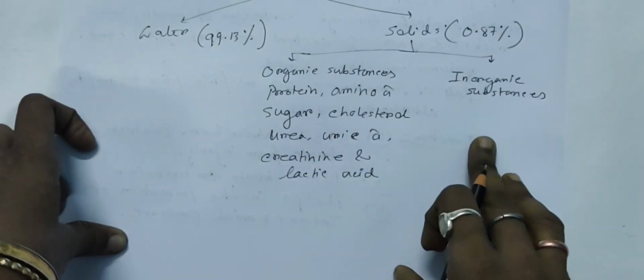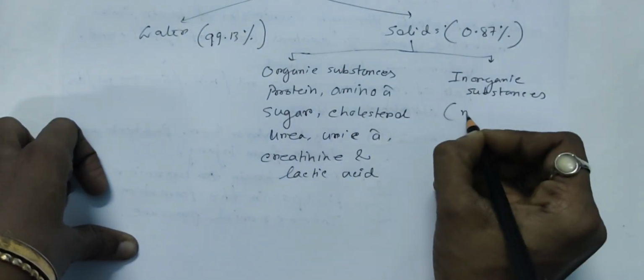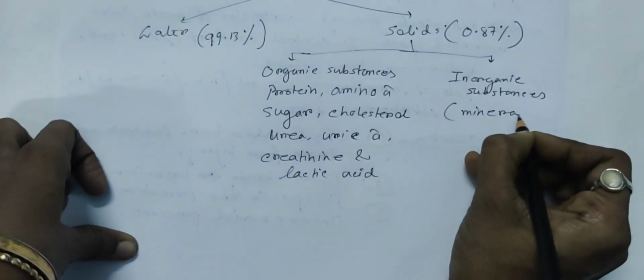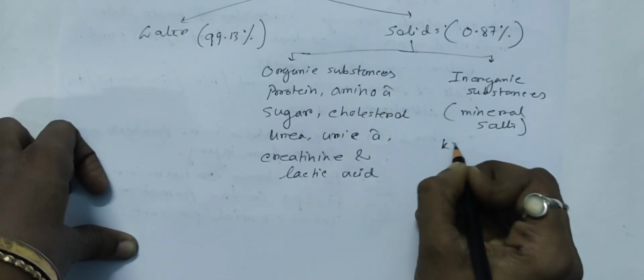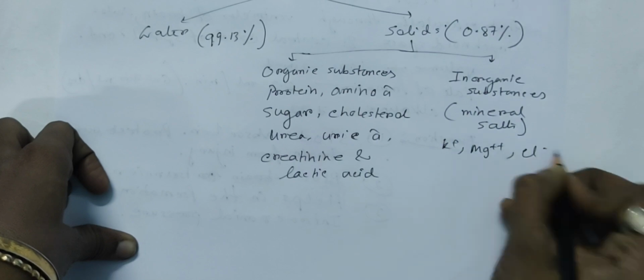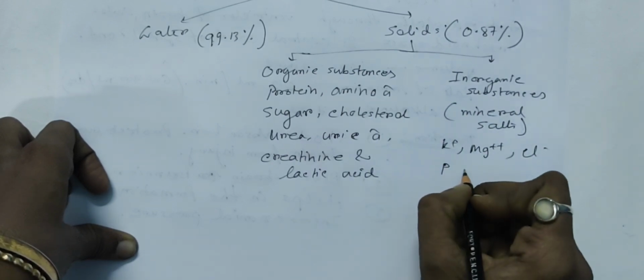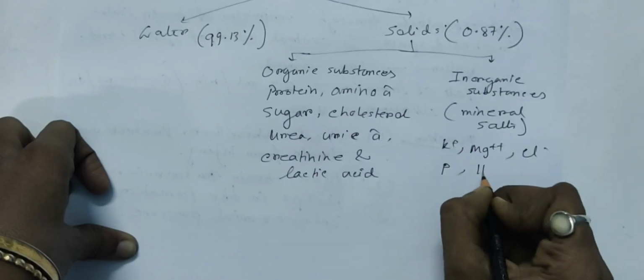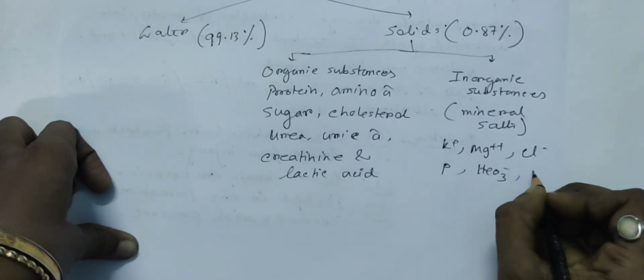Okay, and inorganic substances are some mineral salts like potassium, magnesium, chloride, phosphate, bicarbonates and sulfates.